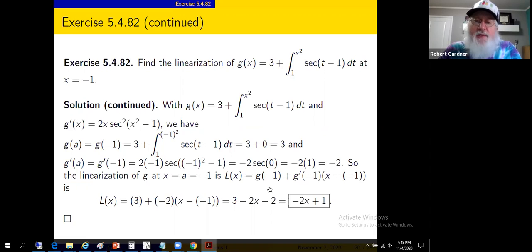And we found all those things. G of -1 was 3, so 3 goes there. G prime of -1 was -2, so there's a slope of -2. x minus a was x plus 1. That produces these numbers here, simplified. There's the linearization of this function at x equals -1.